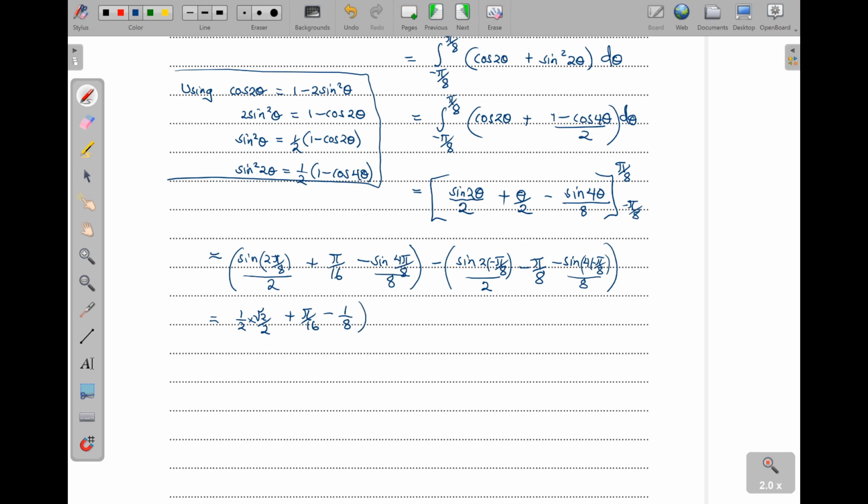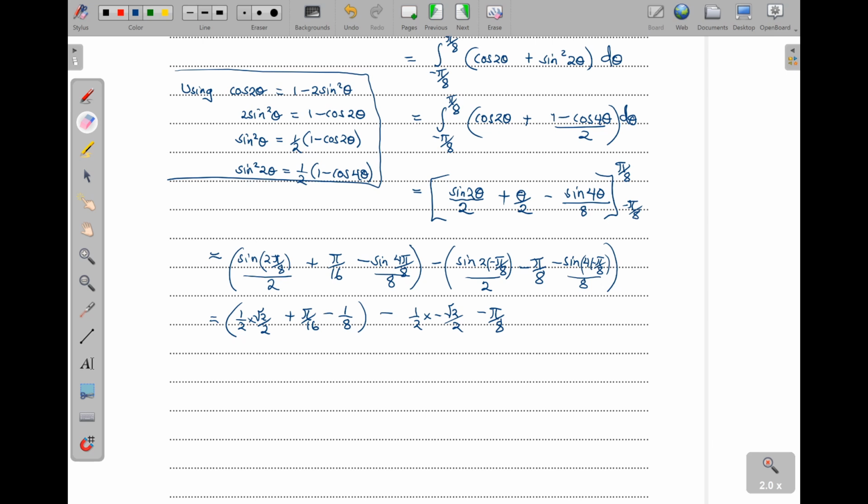And then we shall subtract. Sine of negative 45 gives you negative root 2 over 2, so we shall have a half times negative root 2 over 2. Then here we have minus pi over 8.